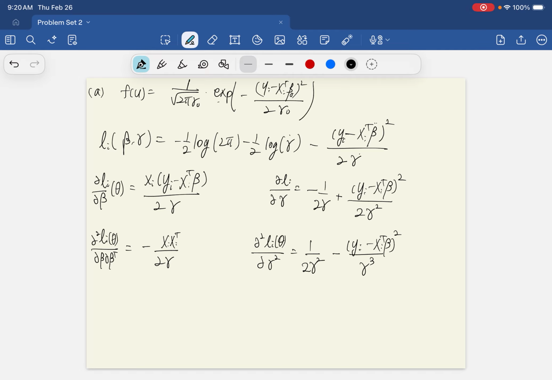Right, I believe this is right. And the cross derivative is minus xi (yi minus xi transpose beta) over 2 gamma squared. Okay, so it's complicated, but not that hard.